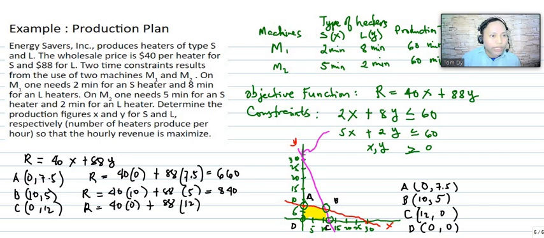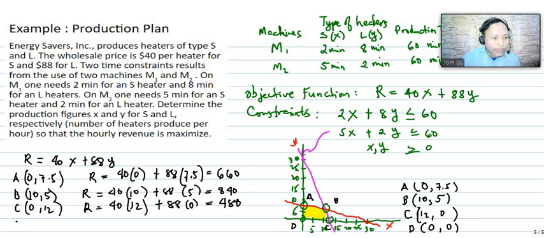So we have an error for this part. So 40 times 12 plus 88 times 0. That is equivalent to 40 times 12, that is 480.